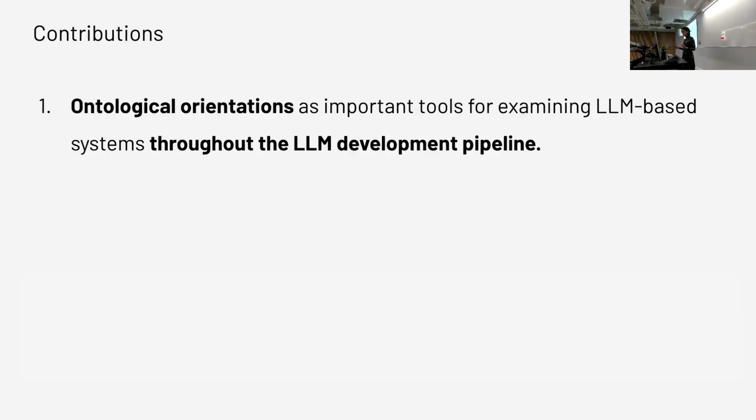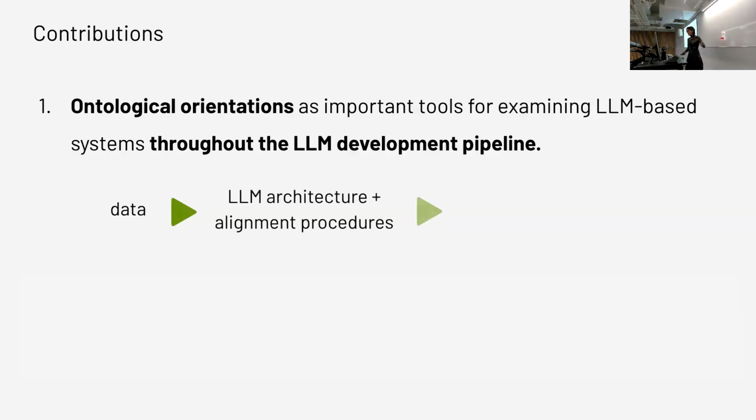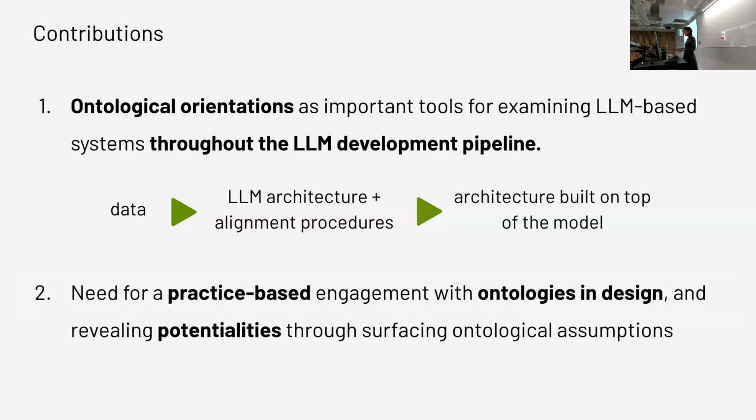In doing so, we demonstrate new opportunities where HCI and design can intervene and contribute to the ongoing LLM development that goes beyond the output. And it also goes beyond the training data and considers the entire LLM development pipeline. And second, we make the case for a practice-based engagement with ontologies in design more broadly, and the importance of revealing potentialities through surfacing ontological assumptions.